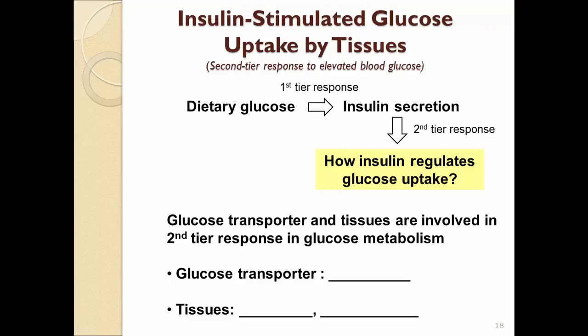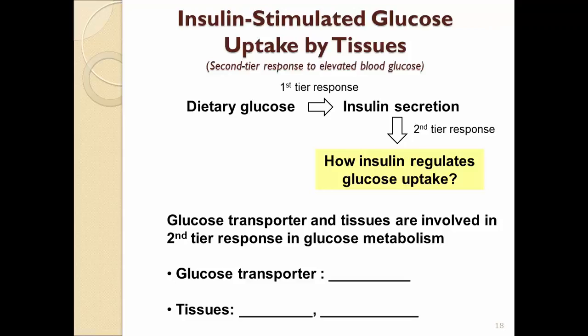And then the second tier response to elevated blood glucose level after a meal is that insulin stimulates glucose uptake into the tissues, particularly skeletal muscle and adipose tissue in the fed condition, right? When we have a high glucose level and stimulate insulin release, insulin stimulates glucose uptake into these major tissues.